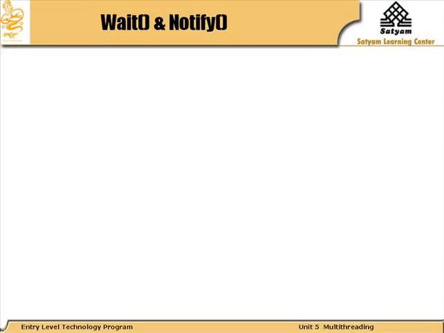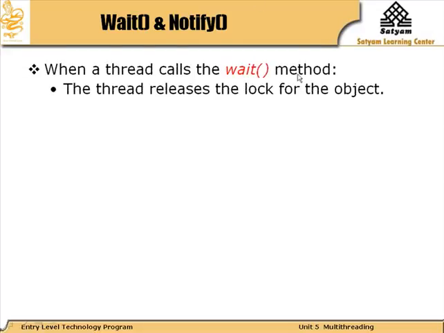Wait and notify. When a thread calls the wait method, it gets into a wait state. And when another thread calls the notify method, the thread which has earlier gone into a wait state gets notified in a queue order. When a thread calls the wait method, the thread releases the lock for the object.